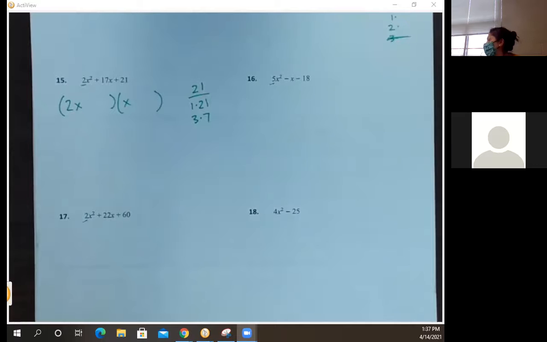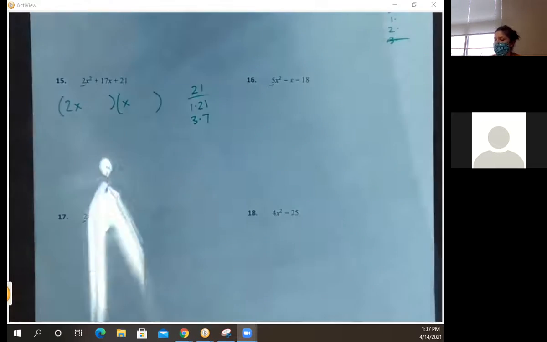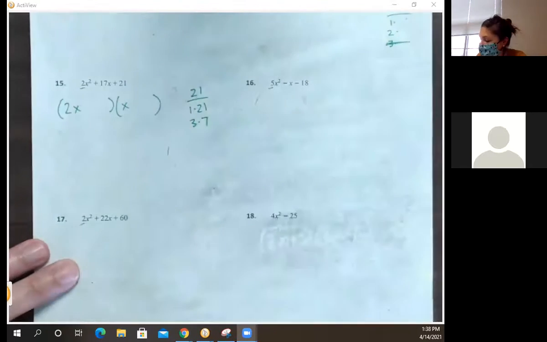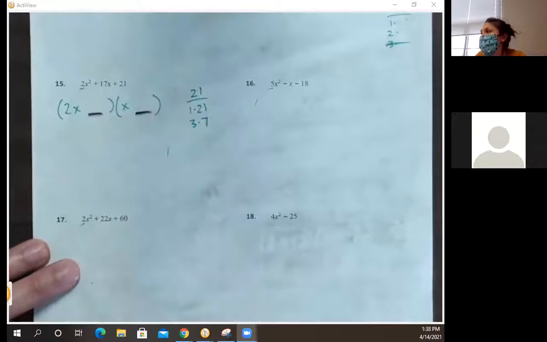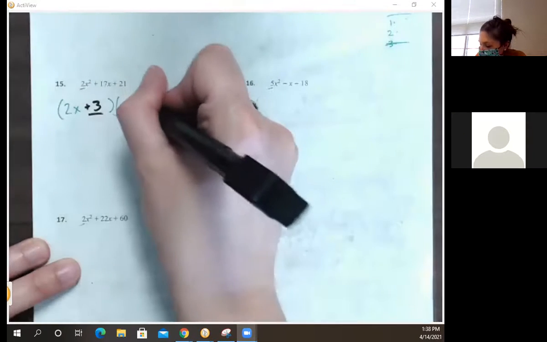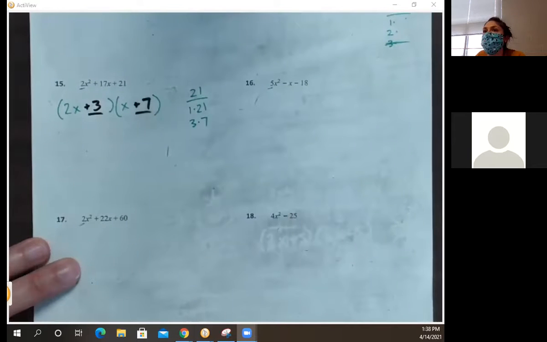Pick something for us to try. I need to pick one of these factor pairs and finish off my factors. 3 and 7, sure. So we'll try this way. We'll see if it works. If it doesn't, we'll try something else.